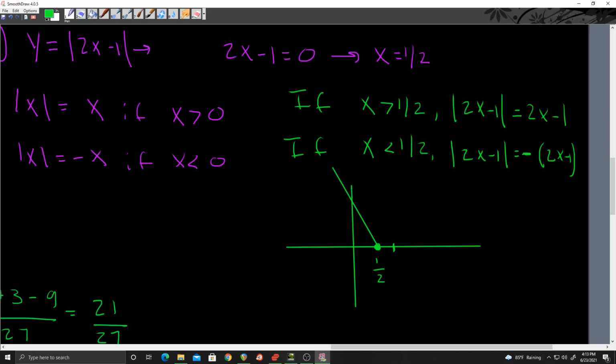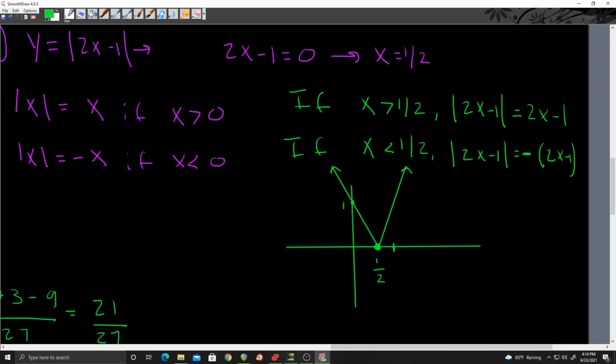So this point has to be 1. Now to the right, it's going to be exactly 2x minus 1. So what I've done is just plot the absolute value of 2x minus 1. That's all I've done here.